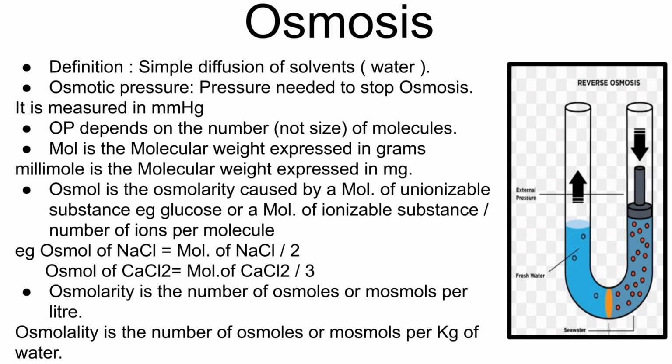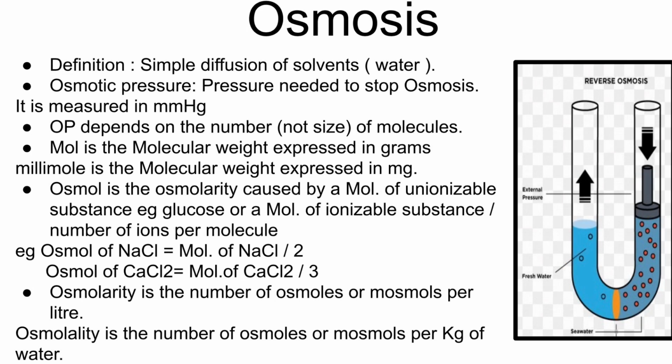And finally, the final point to be discussed in osmosis. Osmotic pressure equals osmolar concentration in milliosmol times 19.3 millimeter mercury. Here's why. Osmotic force, which is caused by 1 milliosmol in 1 liter of water, needs 19.3 millimeter mercury pressure to stop this osmotic force.